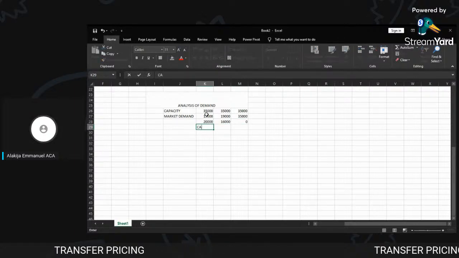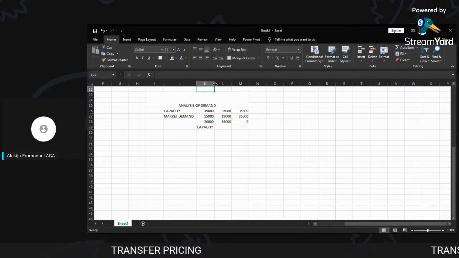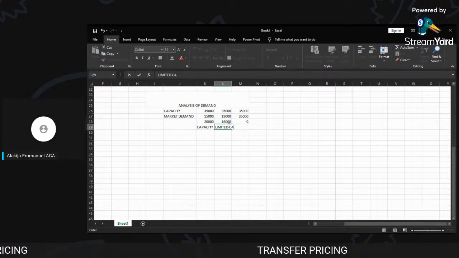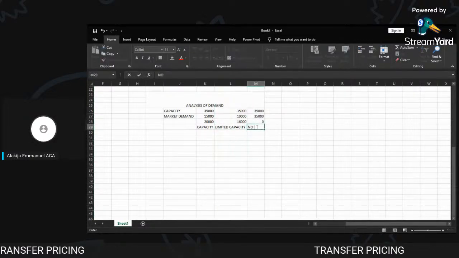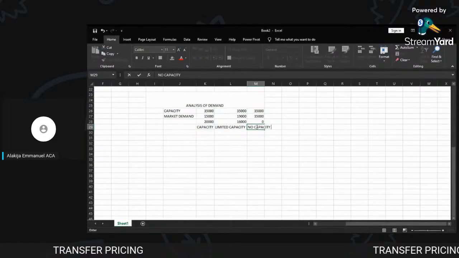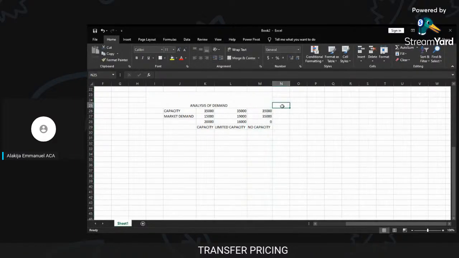So here there is capacity, here there is limited capacity, and here there is no capacity at all.